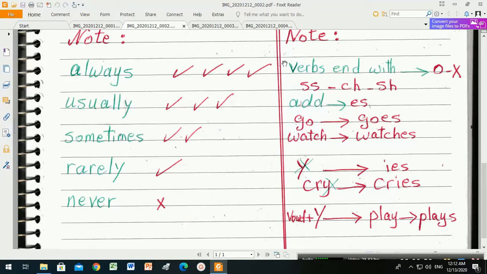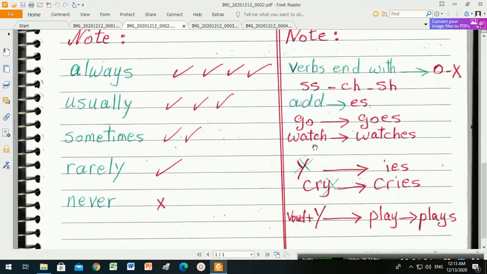Okay? And here with the verb, if we end with these letters o, x, ss, ch, sh, we must add es to the verb. For example, go, goes. Here the verb ends in o, so we must add es to the verb. Watch.